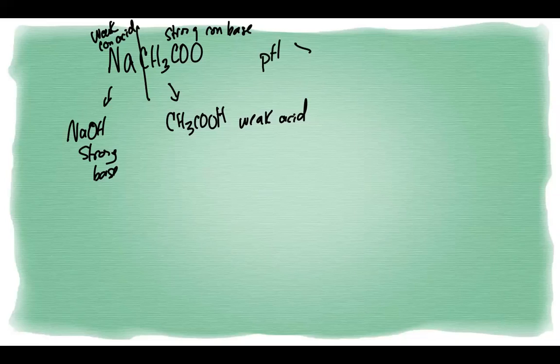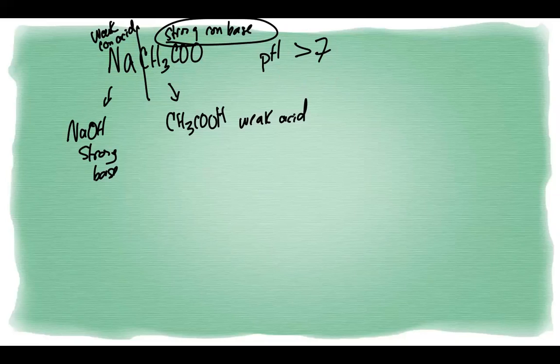The pH of that solution will be greater than 7 because of the strong conjugate base. This is an example of anion hydrolysis. Acetate as an ion here, a strong conjugate base, means that it is a strong proton acceptor. So in this case, the acetate ion is going to accept a proton from water and form hydroxide ions. So you have a pH greater than 7. Because sodium is a weak conjugate acid, it means that it is a weak proton donor, so it doesn't donate any protons.